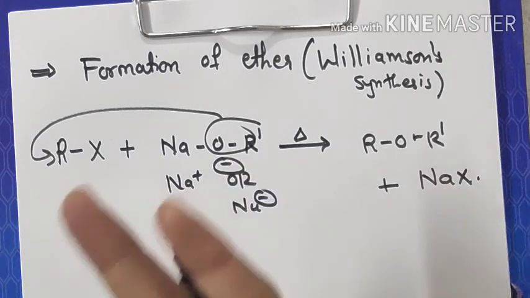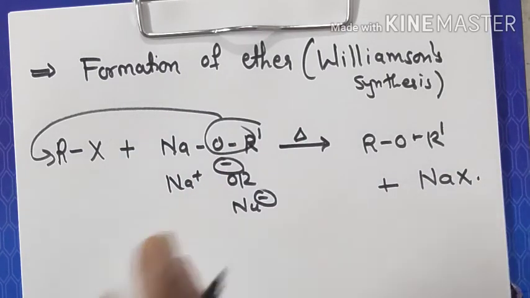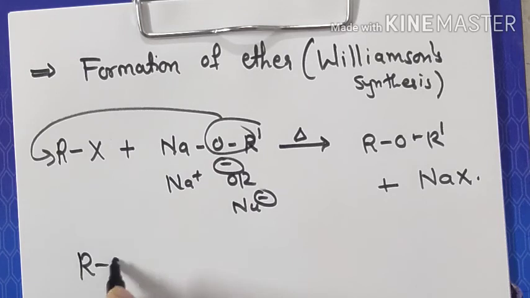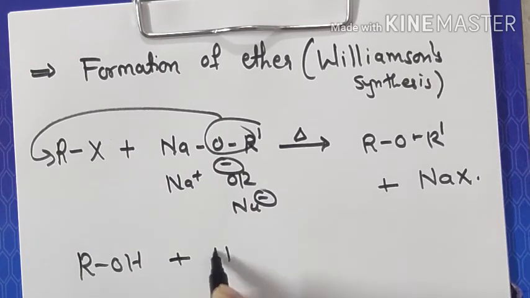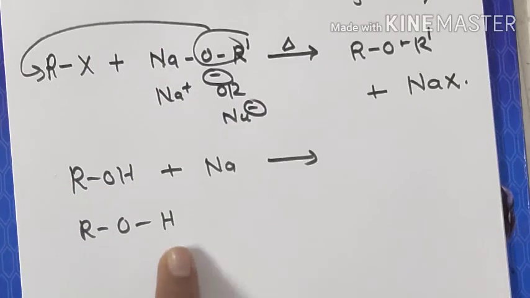Now, how is sodium alkoxide formed? It's very simple. Alcohol is ROH. When this alcohol is treated with sodium, hydrogen is attached to the oxygen. That means this hydrogen is acidic hydrogen.